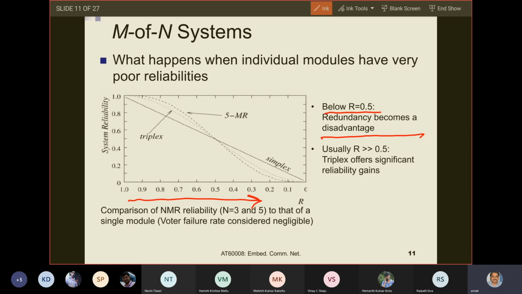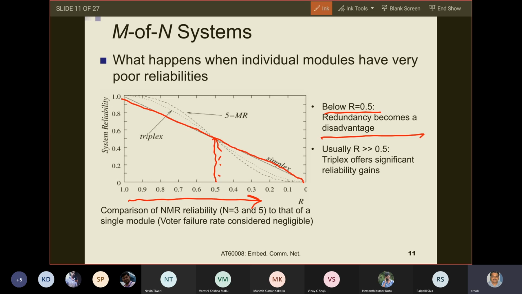This simplex is the reliability of a single component. So it is saying that when the individual component has a reliability less than 0.5, the overall reliability of the system reduces below the reliability of a single component.